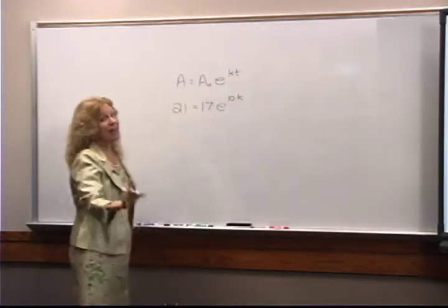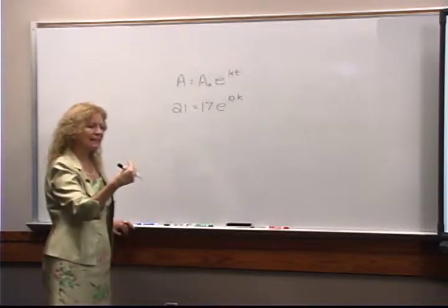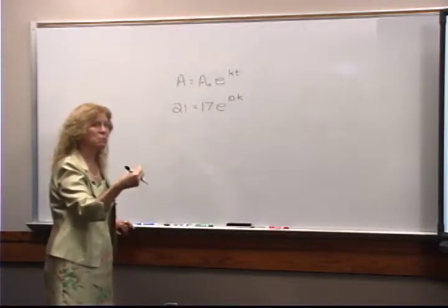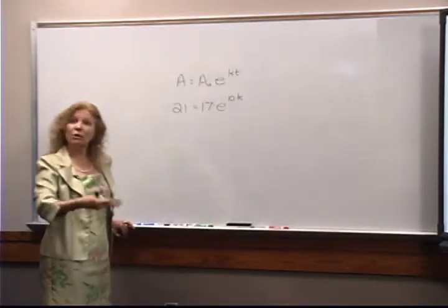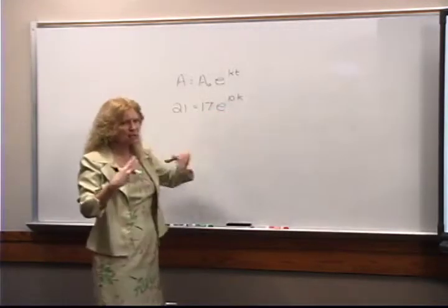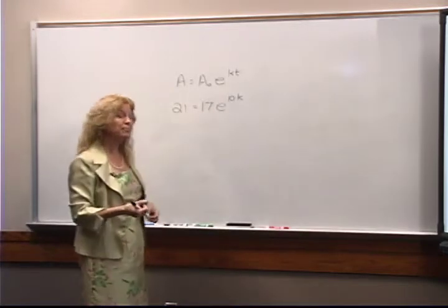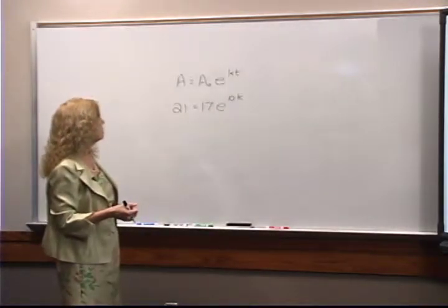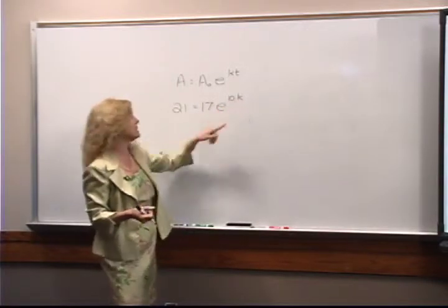And I don't know that k value. You know, the k value for carbon dating was that negative 0.000121. Well, for each problem of exponential growth, that k value is going to be inherently connected to that problem, okay? But you notice that's the only unknown, so I can find it.